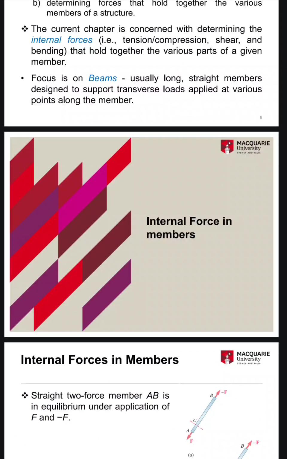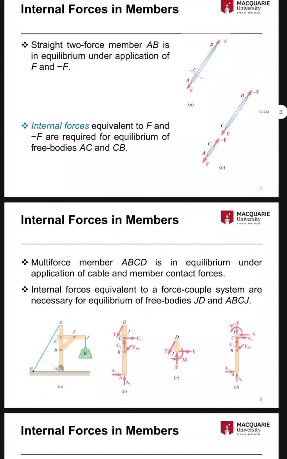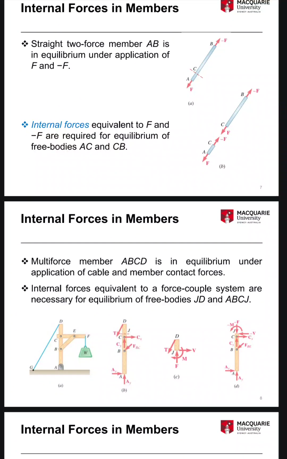Internal force in members. Straight two-force member AB is in equilibrium under application of F and negative F. Internal forces equivalent to F and negative F are required for equilibrium of free bodies AC and CB. Multi-force member ABCD is in equilibrium under application of cable and member collar forces.